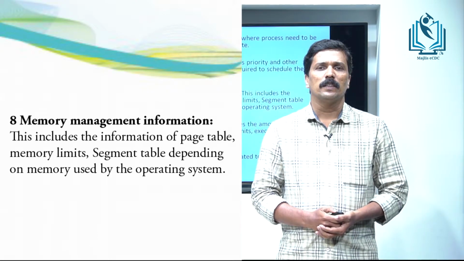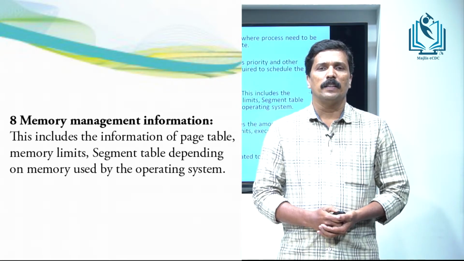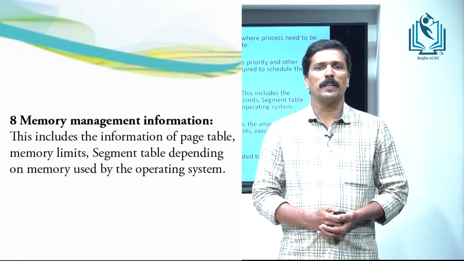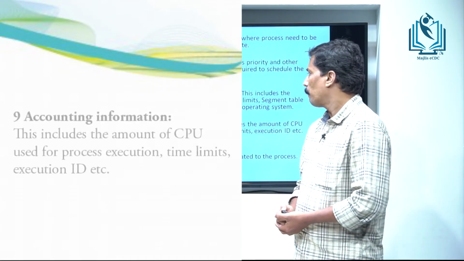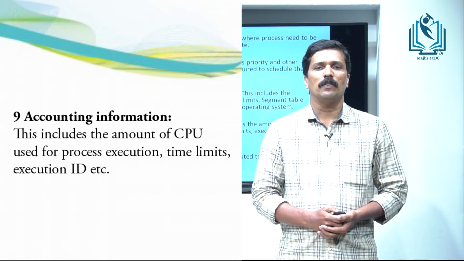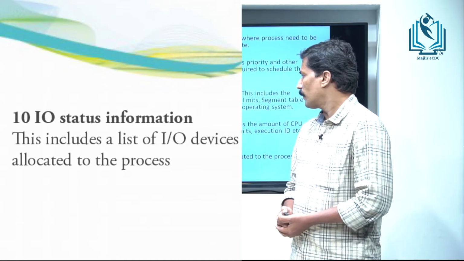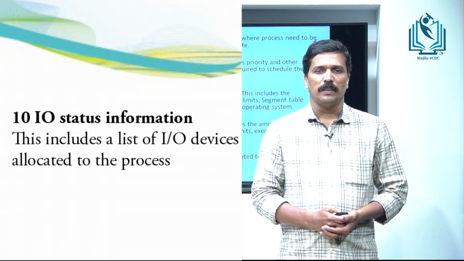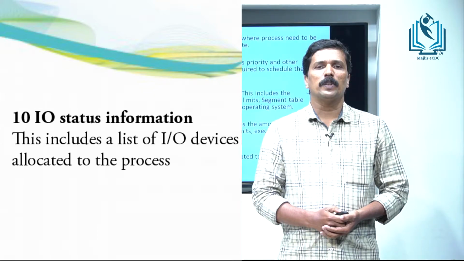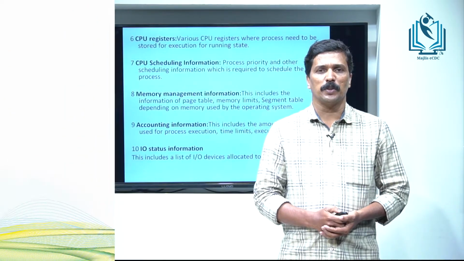When a process is scheduled for execution, memory management data, that is the usage of memory, memory limit, etc. are stored in this PCB. Accounting information. Accounting information stores the CPU time utilized by a particular process to complete its execution. Then I/O status information. It stores the input output resources used by the particular process under execution.